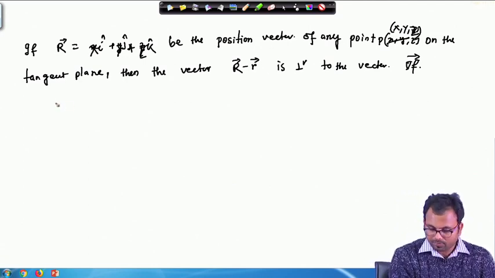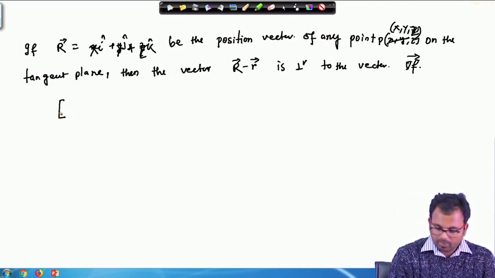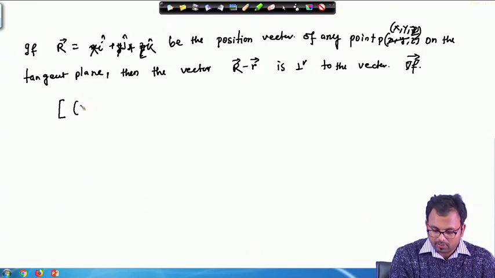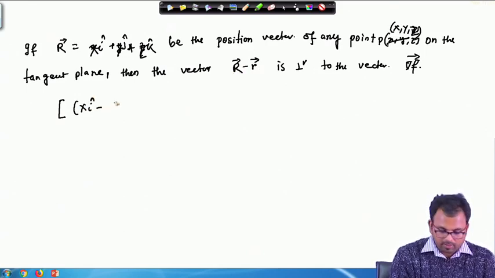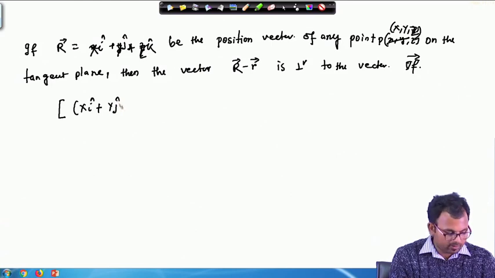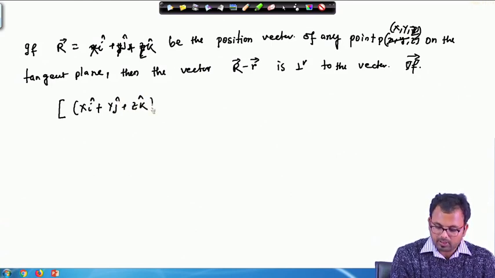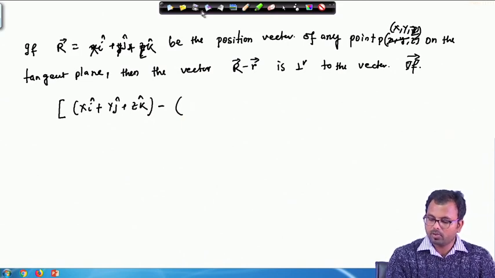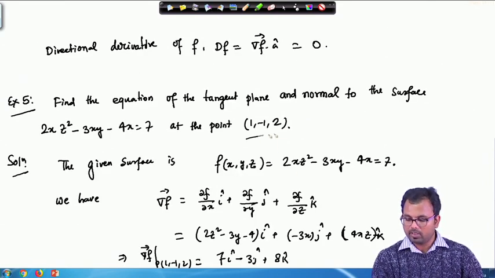So, now capital R is our x i plus y j plus z k, right, and minus what is this small r? The small r is given as this point.